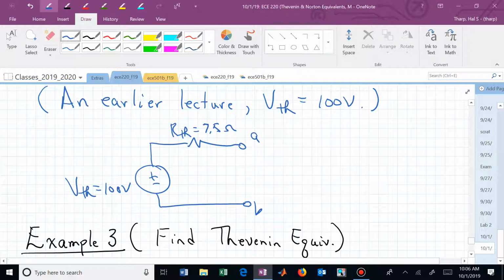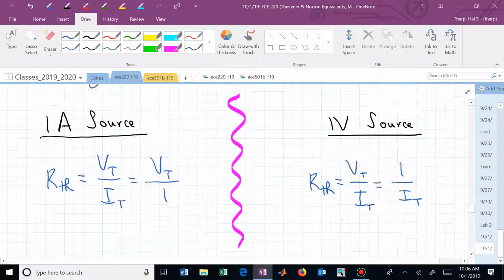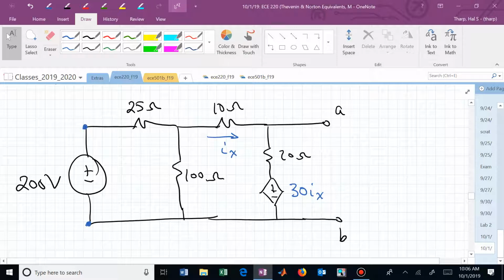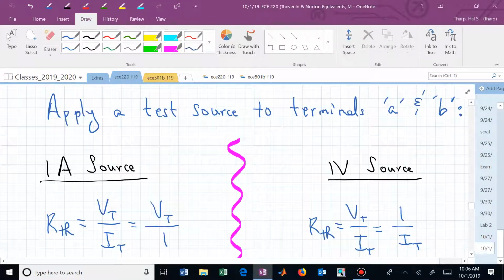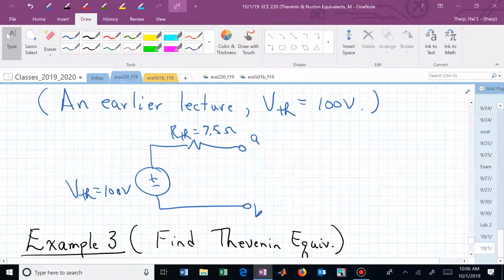And analyzing that, if we're attaching different loads to terminals A and B, you can analyze it with this circuit, or you could go back and put something across terminals A and B and keep analyzing that circuit. We've now condensed that circuit to the left of terminals A and B into something that looks maybe a little cleaner to play with.